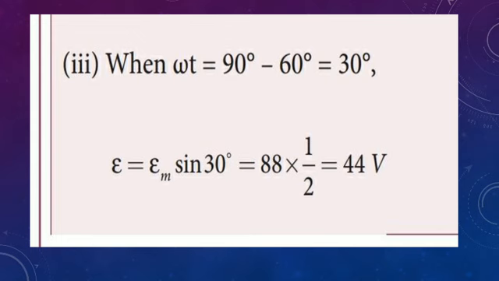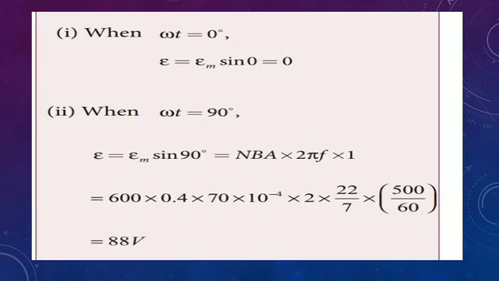Okay, students. Therefore, theta is 30 degree, and substitute the theta value in the equation: e is equal to Em into sine 30. What is sine 30? 1 by 2. Here, what is the Em value? We calculated it now.